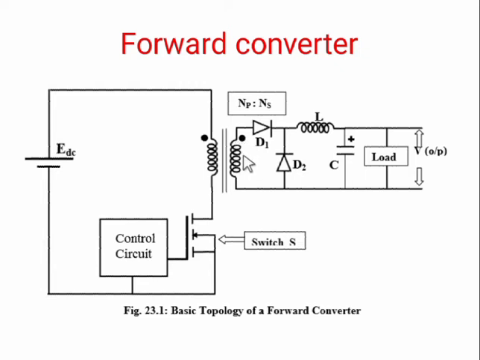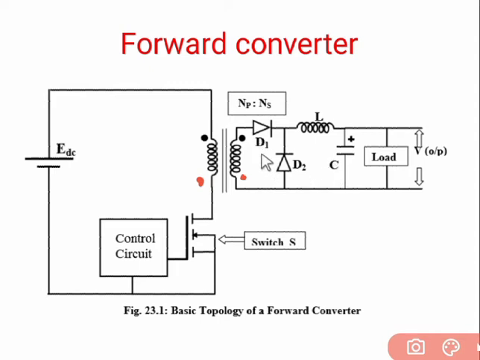In this case diode D1 is in forward bias condition, so power is transferred from primary to secondary. When the switch is off, the other terminal becomes positive, and in this case diode D1 is in reverse bias condition.